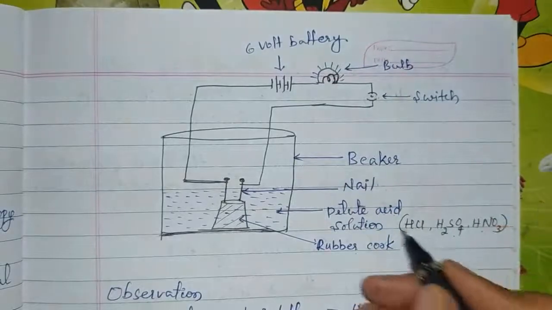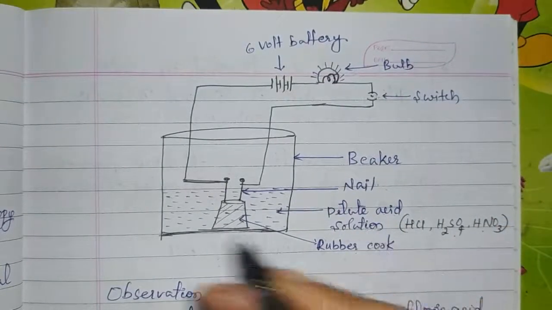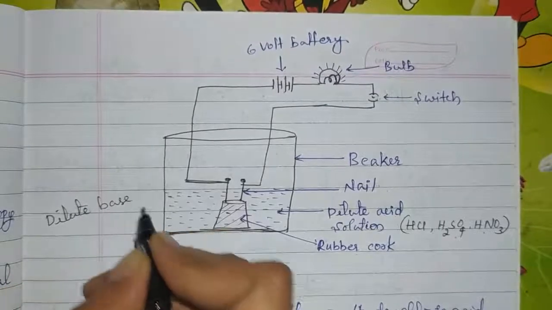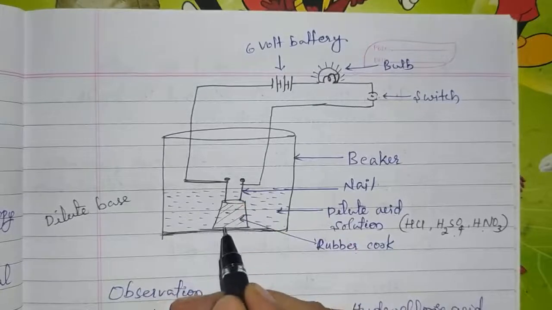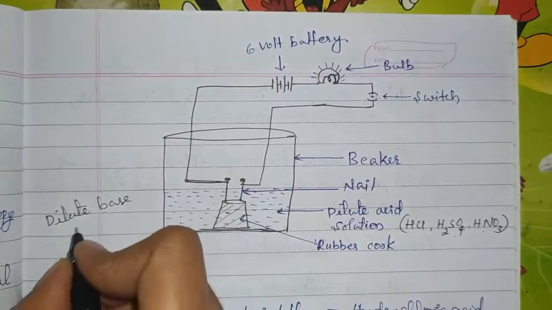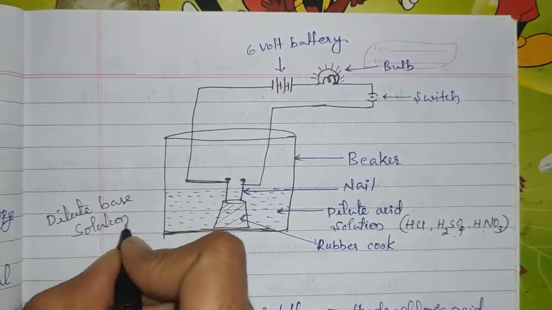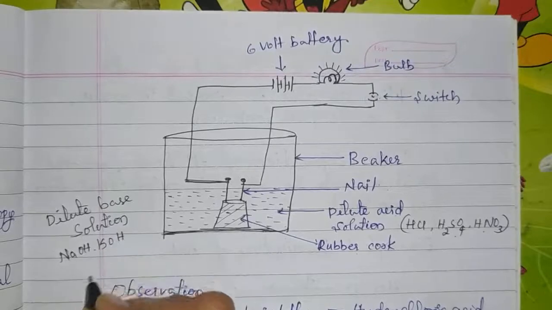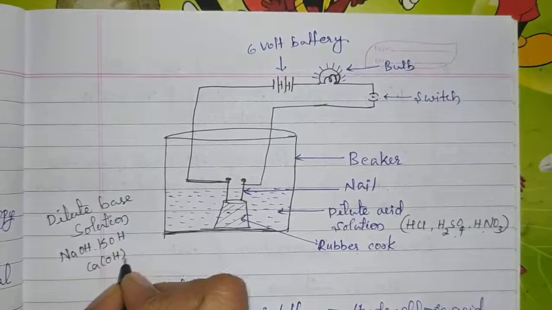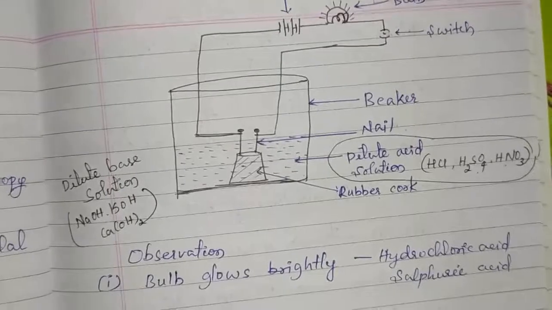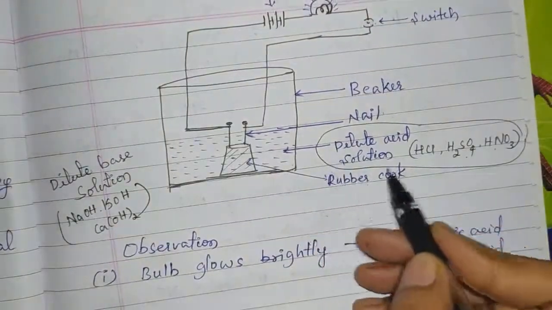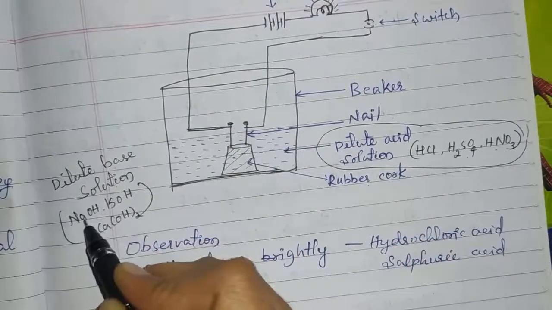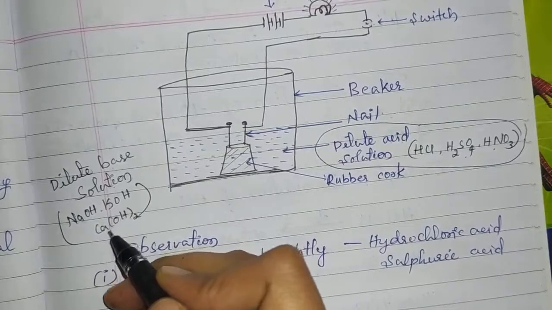Again we will repeat the same activity with dilute base solutions like sodium hydroxide solution, potassium hydroxide solution, calcium hydroxide solution, etc. Now we will remove the dilute acid solution from this beaker, and we will place a dilute base solution like sodium hydroxide, potassium hydroxide or calcium hydroxide.